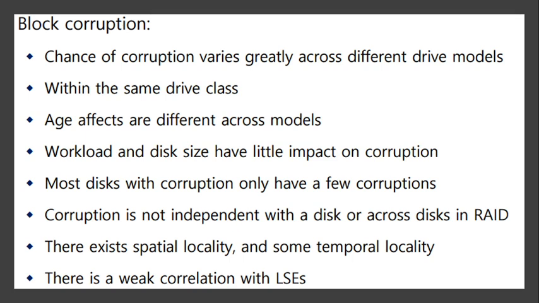Age effects are different across models. Workload and disk size have little impact on corruption. Most disks with corruption only have a few corruptions. Corruption is not independent within a disk or across disks in RAID.